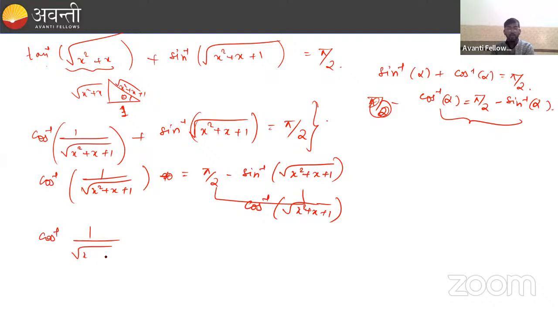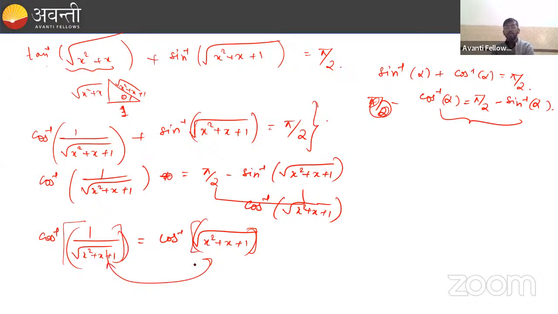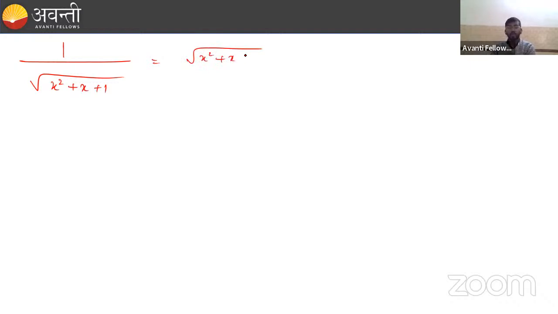So what we will do here now is, we have found out that cos inverse of 1 by under root x² + x + 1 comes out to be cos inverse of under root x² + x + 1. So when cos inverse of this is equal to cos inverse of this, we can say that these two expressions are equal. So I can write 1 upon under root x² + x + 1 equals under root of x² + x + 1.